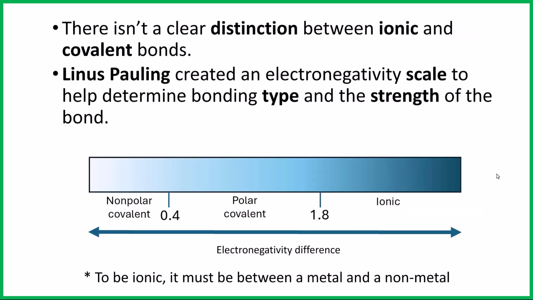And there isn't a clear distinction between ionic and covalent bonds, but there is a scale. Linus Pauling created an electronegativity scale to help determine bonding type and the strength of the bond.